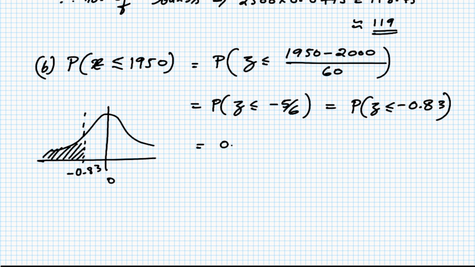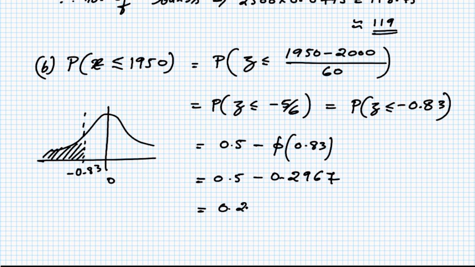So that is equal to 0.5 minus the phi value of 0.83. Okay, so this is equal to 0.5 minus, I think this value comes to be 0.2967. Okay, so from the table I wrote this value. Now that comes to be 0.2033.